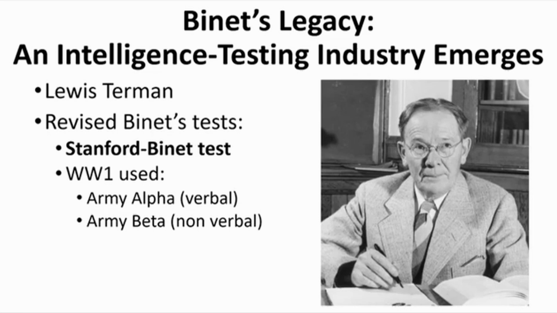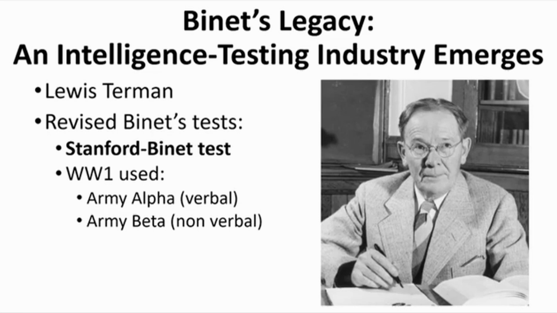It contained mostly verbal items, and it gave us a single IQ score, so it would pump out a single number that you could quantify a person's general intelligence with. And so this Stanford-Binet test became the standard for all future individually administered intelligence tests. And we still use a variant of it today for most IQ testing.